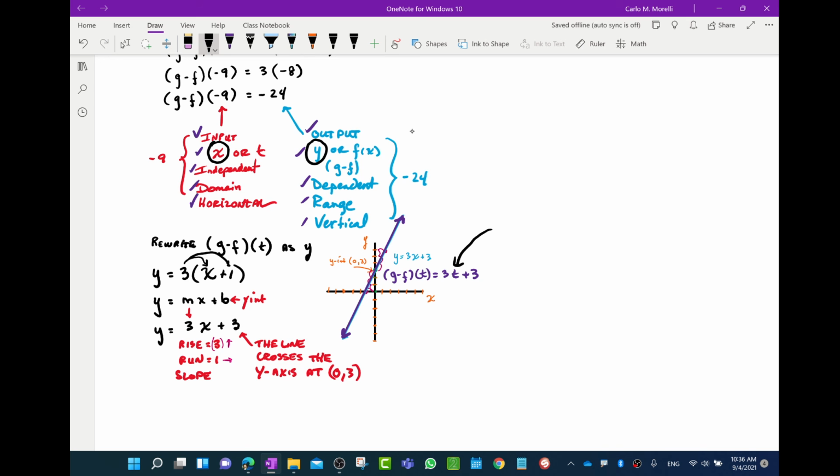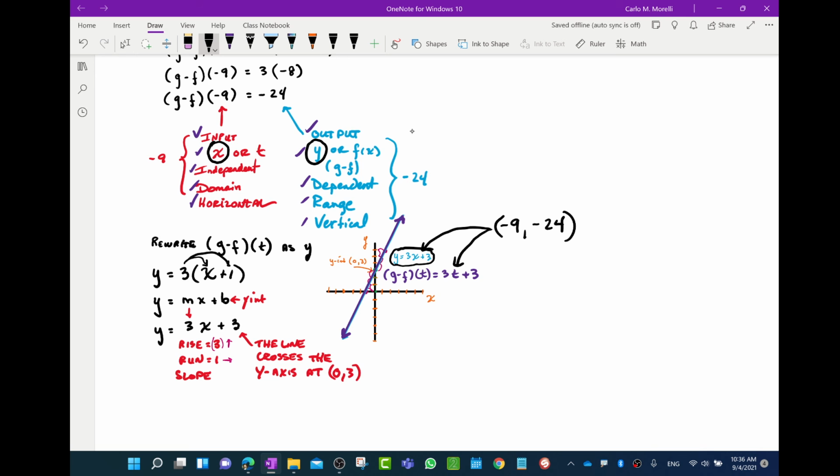Somewhere on this line, somewhere on that line, this is the one I'm going to plot in Desmos, somewhere on that line is the point -9, comma, -24. Guaranteed. And if it's not on the line, then we did something wrong.